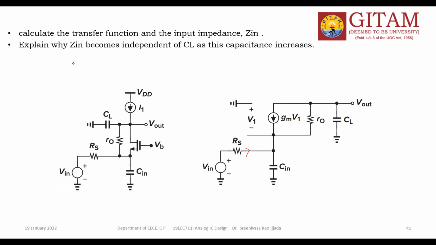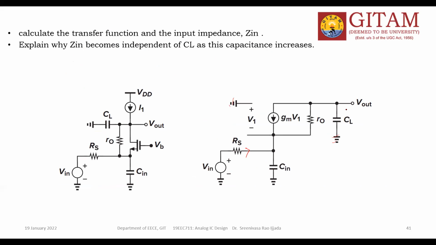See, the current through this one: this is ground, and this is ground, and this is ground. You can take all these three as ground.